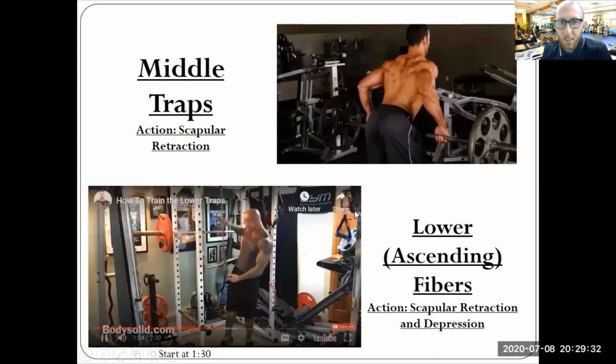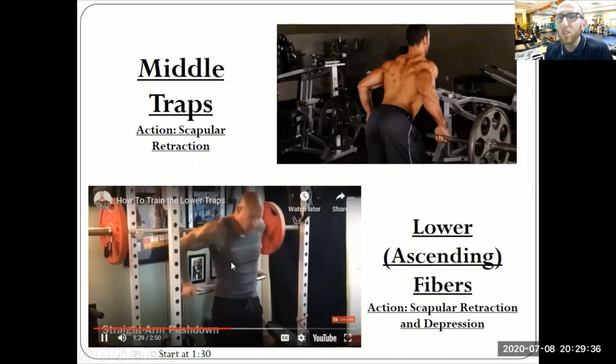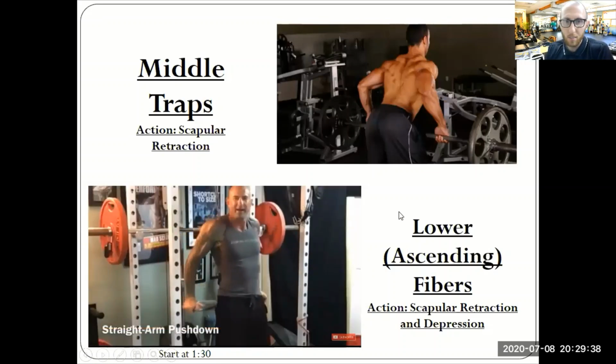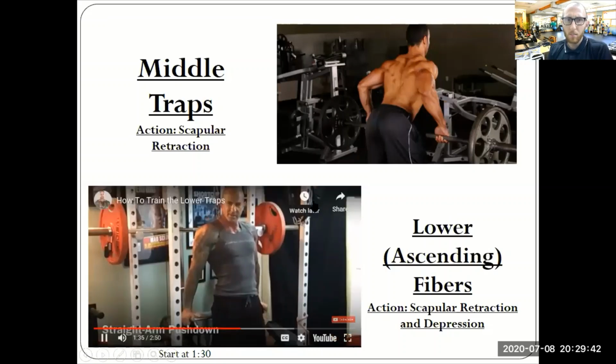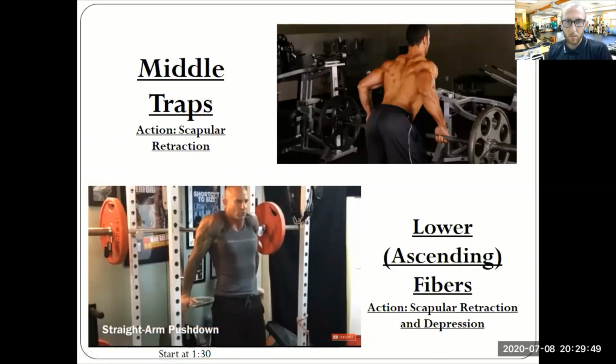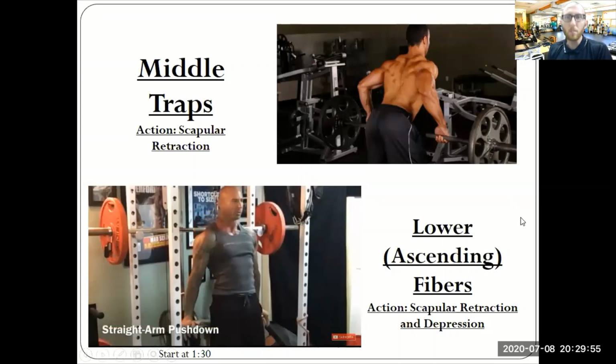So we're watching this video here. He's about to take this bar and push it down. Straight, don't bend the elbows, allow your shoulders to come up as high as you can. And you're going to use those lower traps to pull the handle down and pull your scapula down.